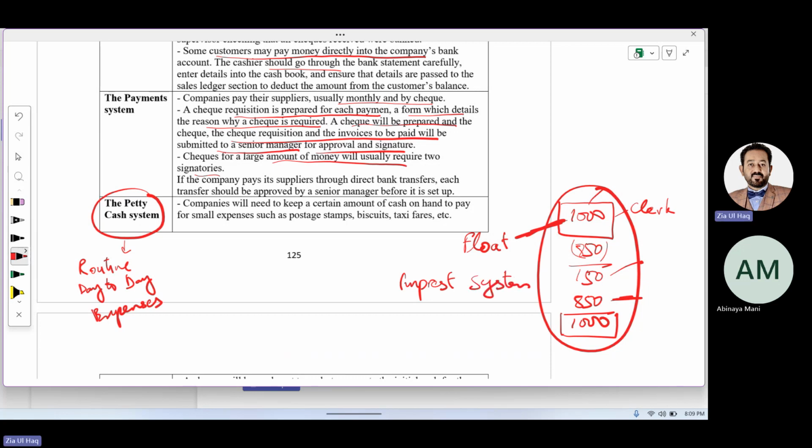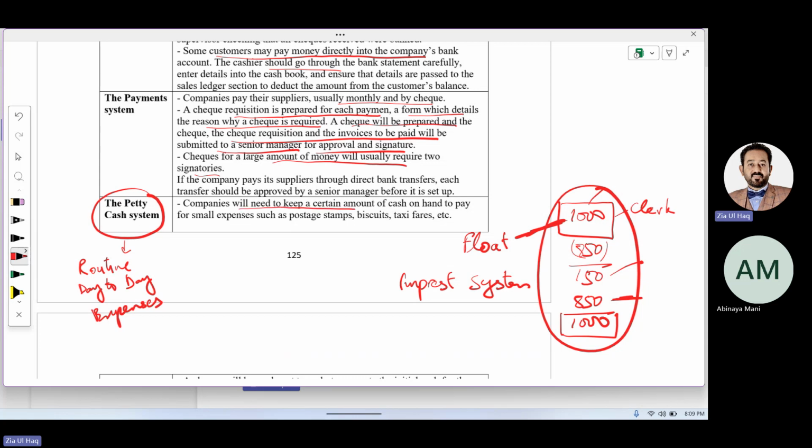Imprest system means that at the start of every month, you pay the amount to the clerk to maintain the float. And float is a fixed amount that you have calculated as your monthly expenditure. You call that imprest amount as well.